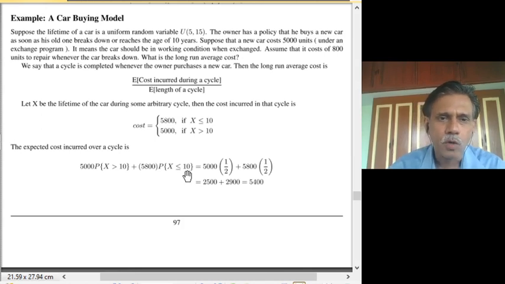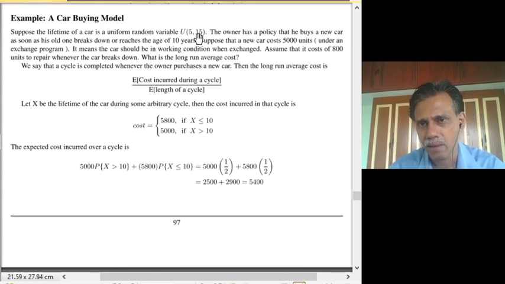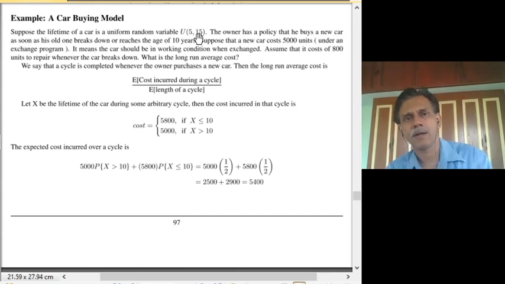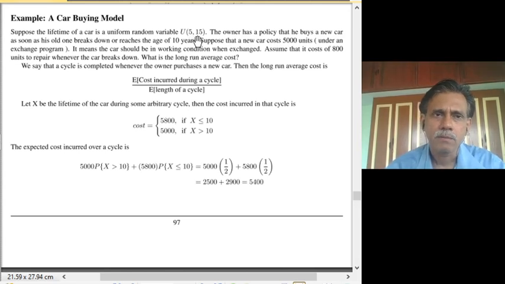The mean of this is 15 minus 5 divided by 2, which is 5, and 5 plus 5 is 10. So the probability that X is less than or equal to 10 can be found out.